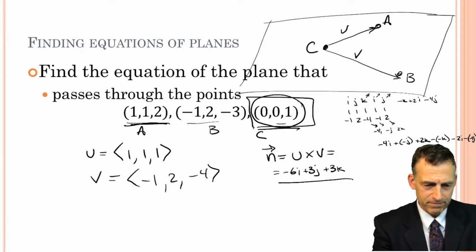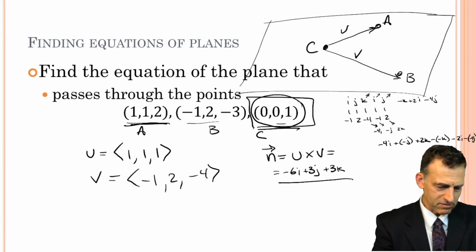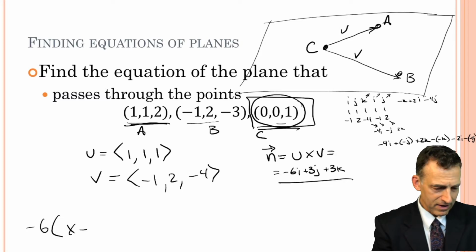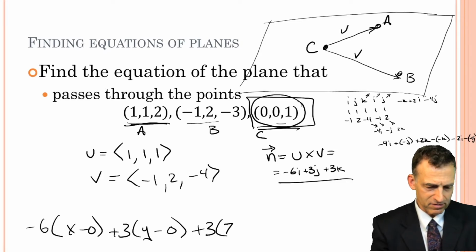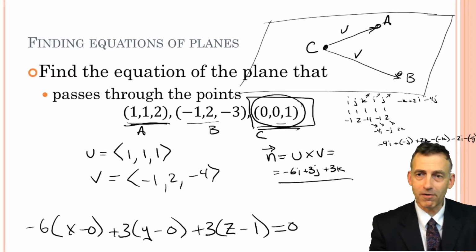Let's try again. Okay, so we have -6 times (x minus 0) plus 3 times (y minus 0) plus 3 times (z minus 1), all equals 0. And you can simplify this equation if you want.